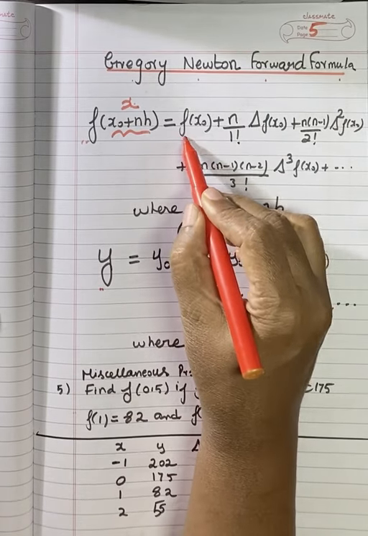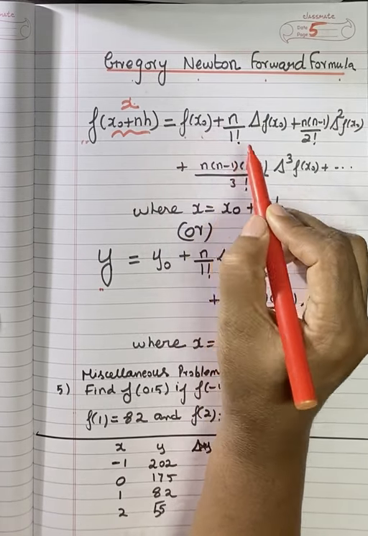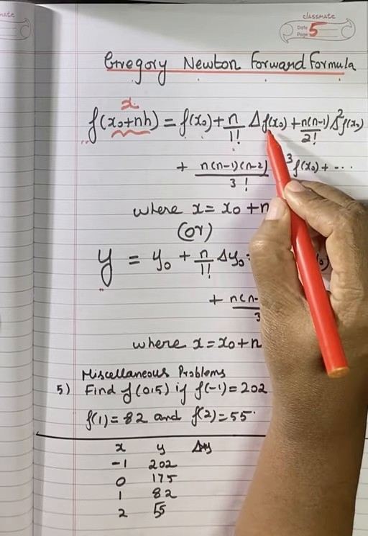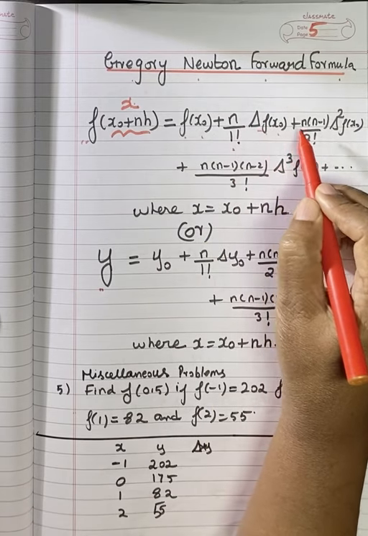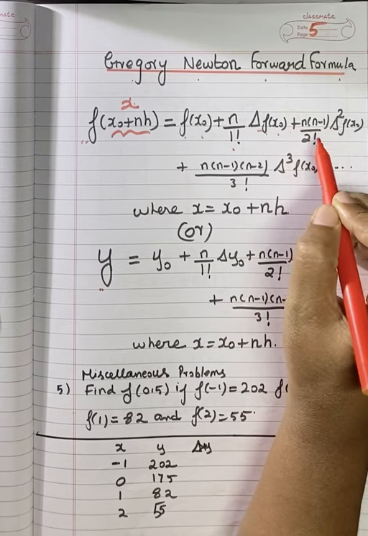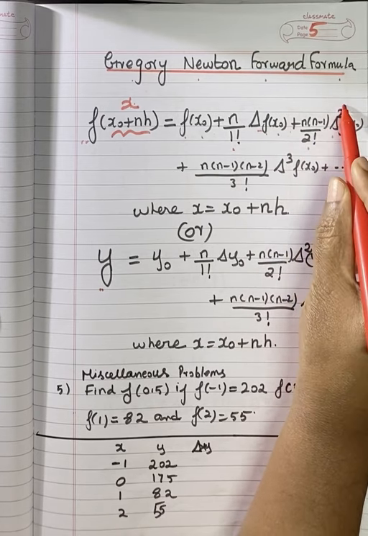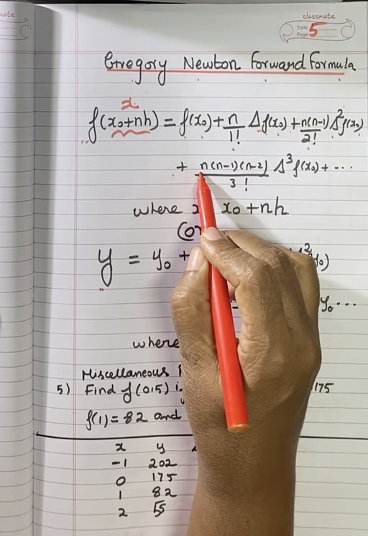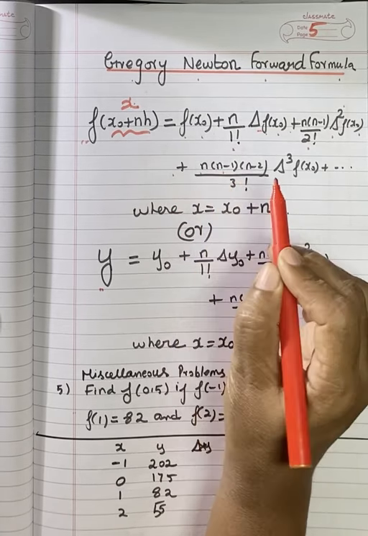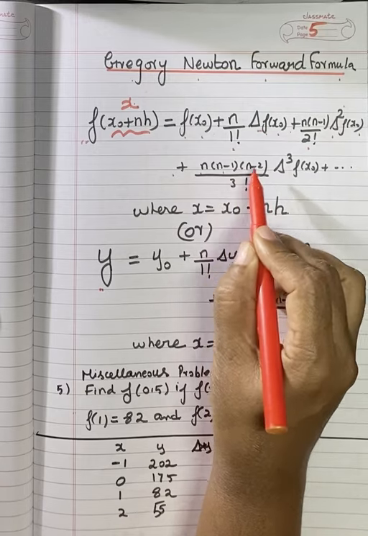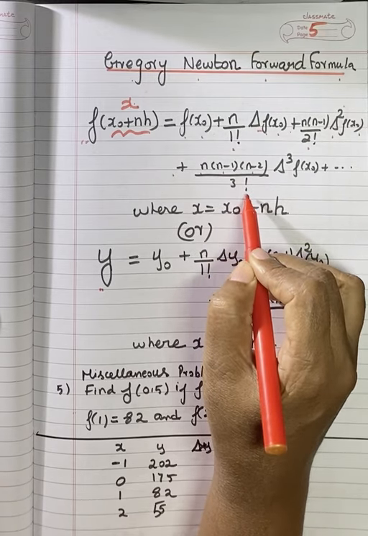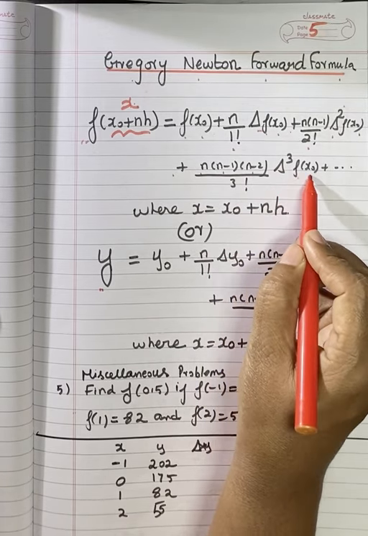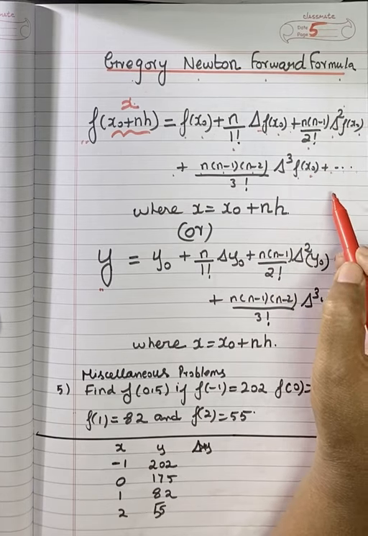Formula is f of x naught plus n divided by 1 factorial delta f of x naught plus n minus 1 by 2 factorial delta square f of x naught plus n minus 1, n minus 2, 3 terms are there, so divided by 3 factorial delta cube f of x naught, etc.